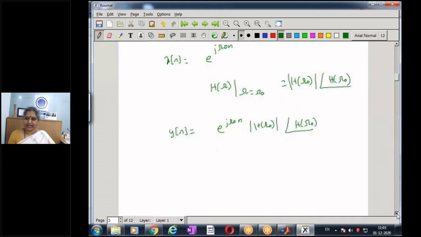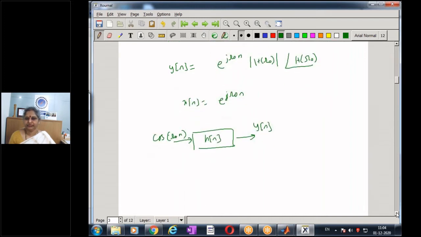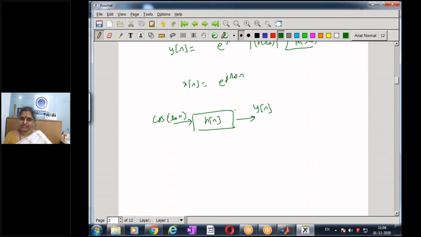Once again, I cannot give a complex exponential as input to a system in real implementation or application, and I can only give real signals. So as an extension of this observation, let us say my input to the system with impulse response h of n is cos omega naught n, and what is my output y of n?